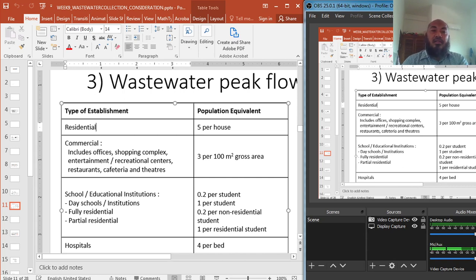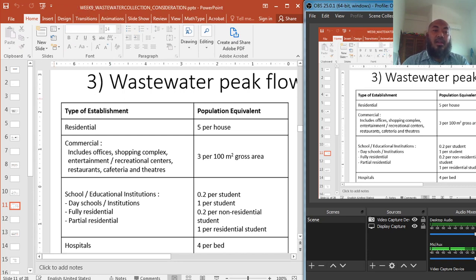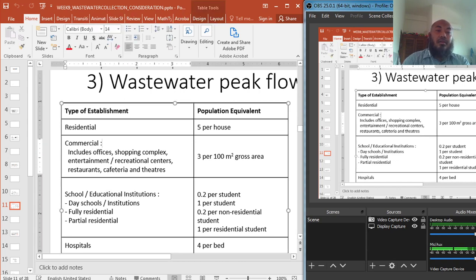In order to get the actual population, you may have the conversion factor from a Malaysian standard. Okay, back to our standard. For residential, 5 per house. Commercial, 3 per 100 square meter gross area.